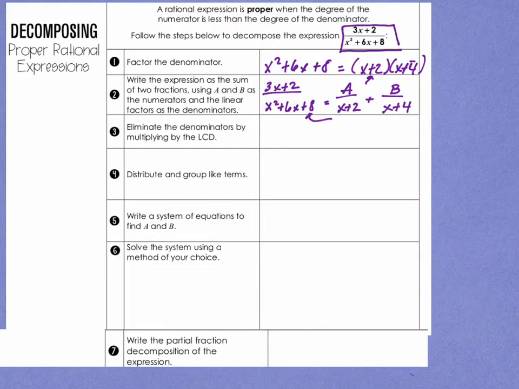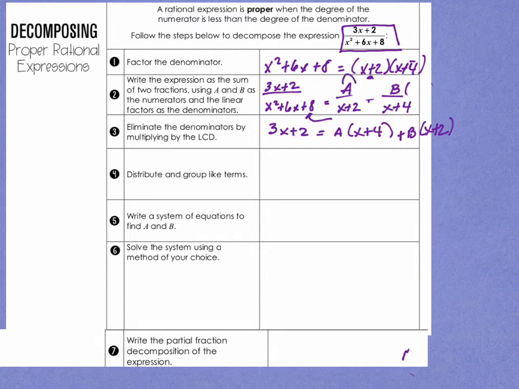So we would say that 3x plus 2 is equal to, and then what is this one missing to have a common denominator? This one is missing x plus 2, and this one is missing x plus 4. So it's A times x plus 4 plus B times x plus 2. You can just look at this as cross products, and it's faster to think of it; I just wanted to show you where it comes from.